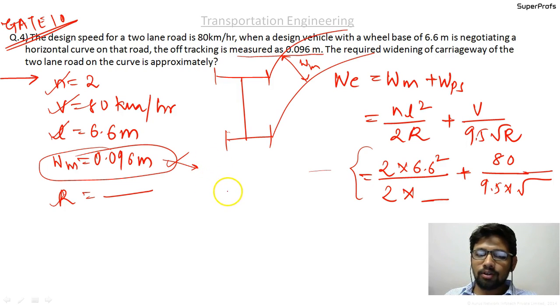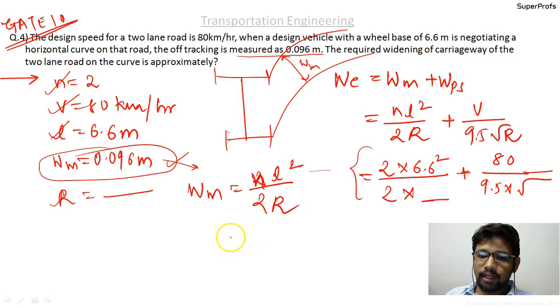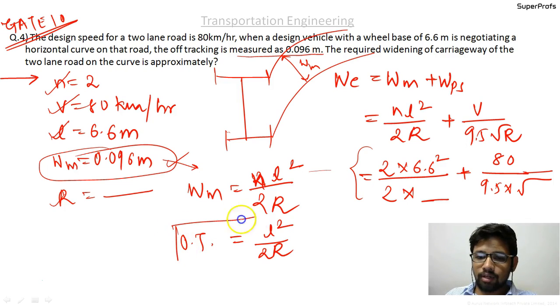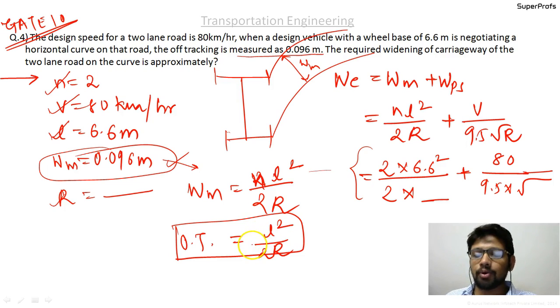For the off-tracking of a vehicle, we know that mechanical widening is given as NL square upon 2R, and off-tracking is given as L square upon 2R. I hope you all agree, and there is no N in this formula, or N equal to 1, because off-tracking is for a single vehicle.